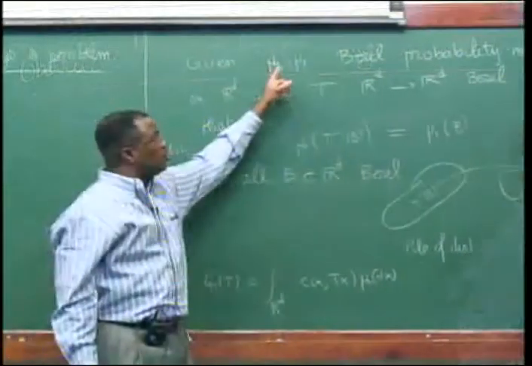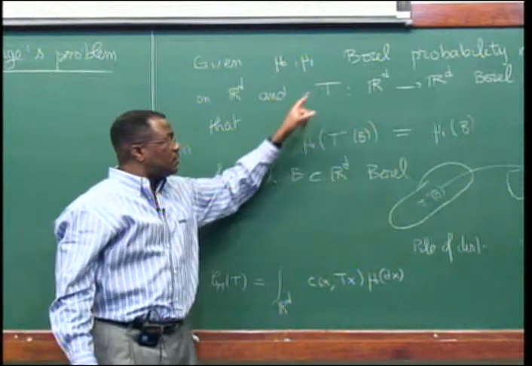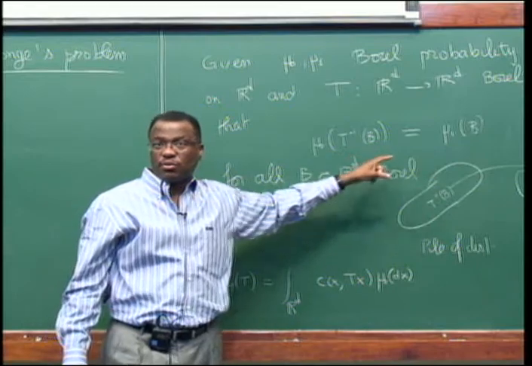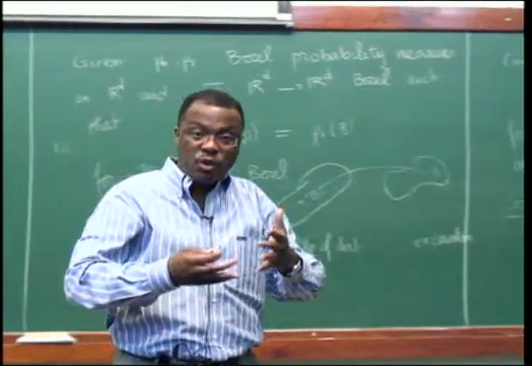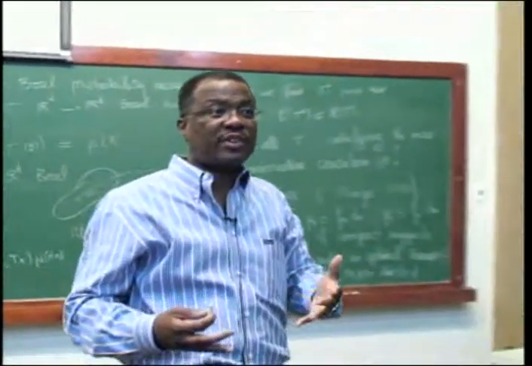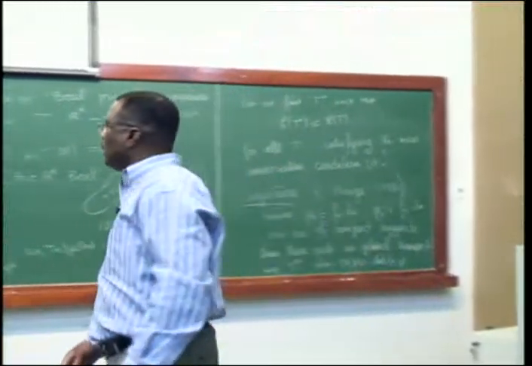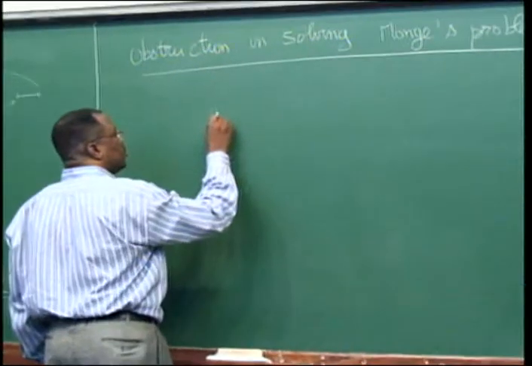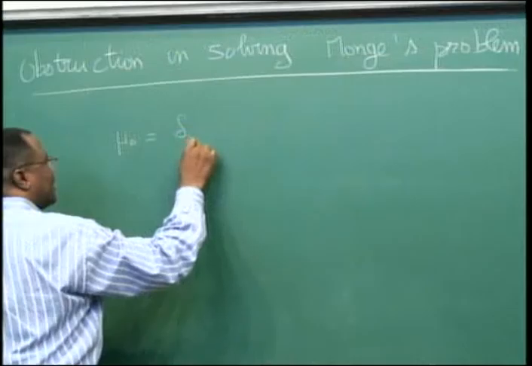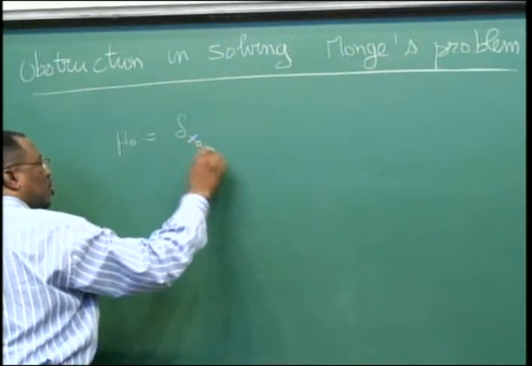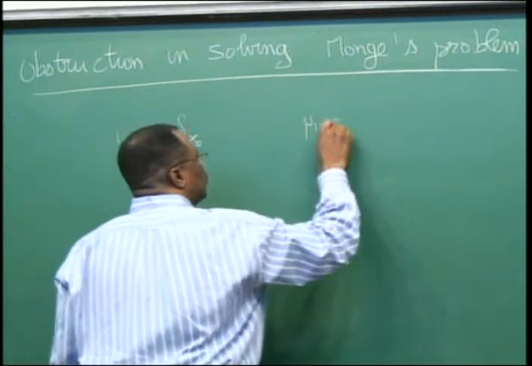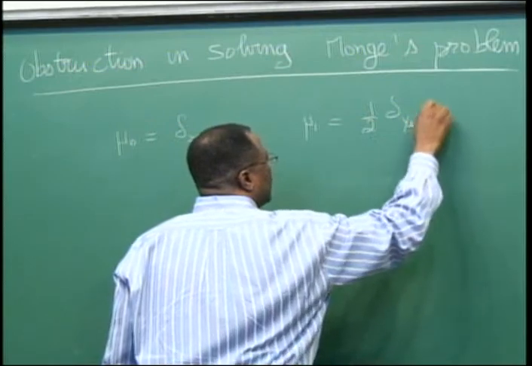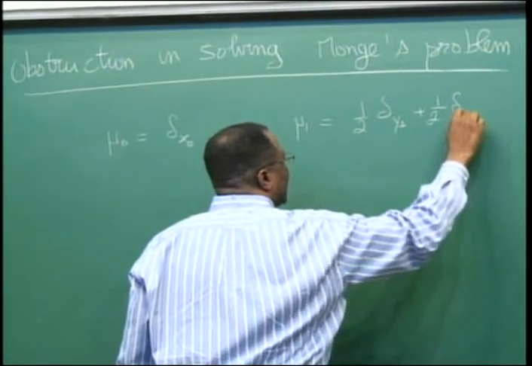If I am given mu0 and mu1, it is not true that I can always find a T satisfying this property. So there may be no transport map transporting mu0 to mu1. You can see that easily by taking mu0 to be the Dirac mass at a point x, and mu1 to be 1/2 the Dirac mass at y1 plus 1/2 the Dirac mass at y2.